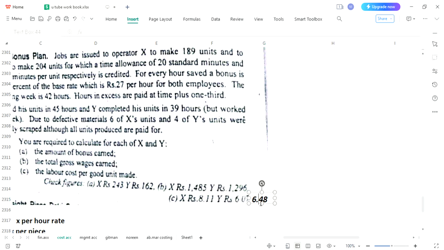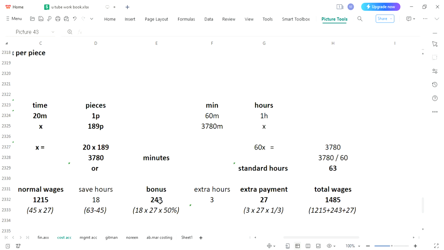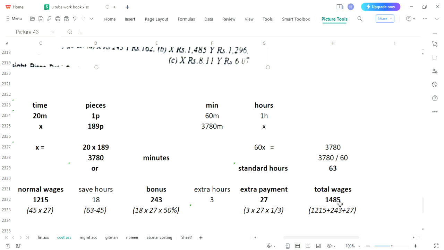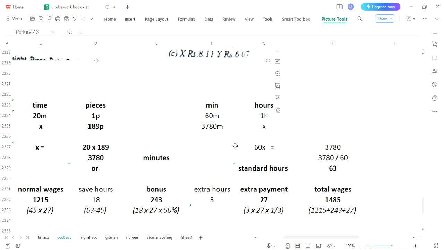So in this way you have calculated your answers, and those answers are matched as well. Let's see again. 243 and 1485. So in this way our portion of question has been completed.